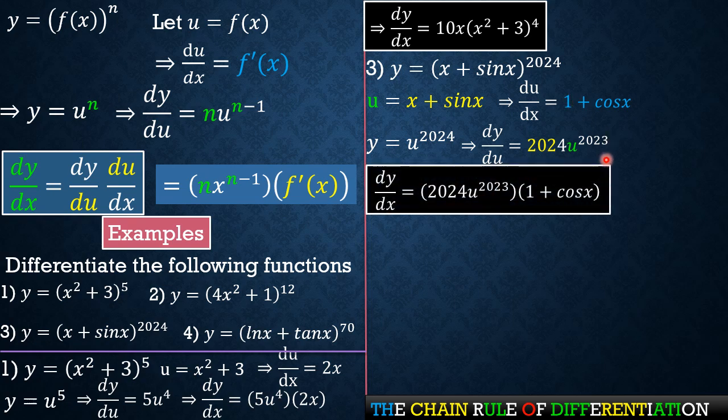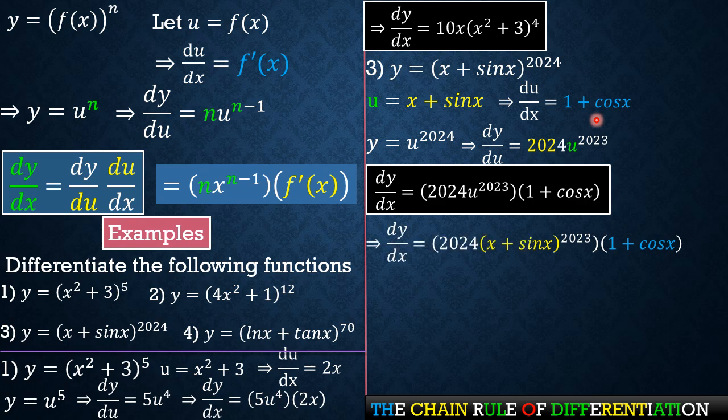By this, dy by dx simply becomes, we plug in everything: dy by du is 24 u to the power 23, and du by dx becomes 1 plus cosine of x.